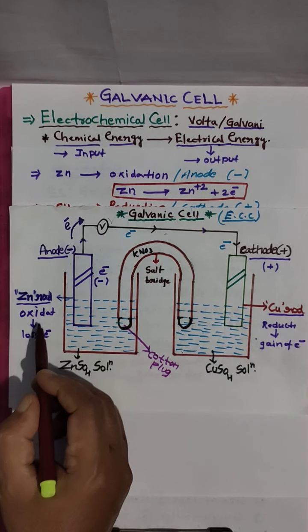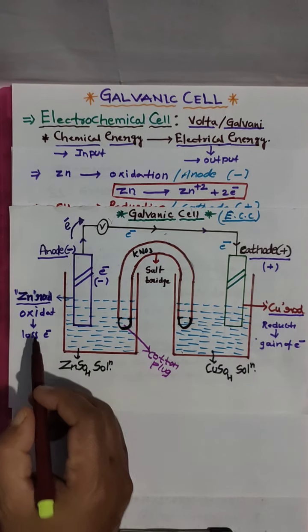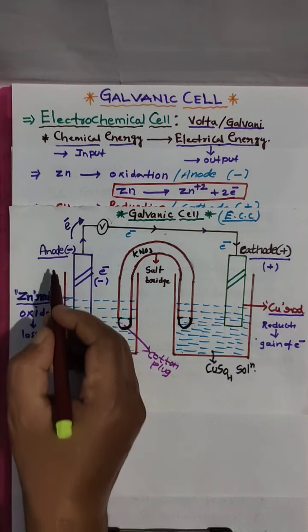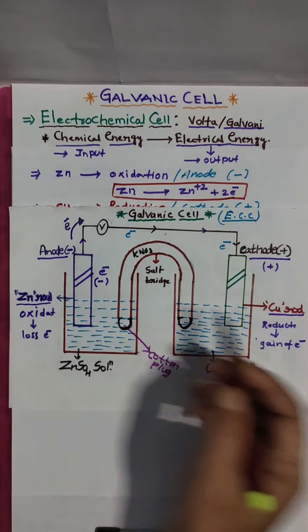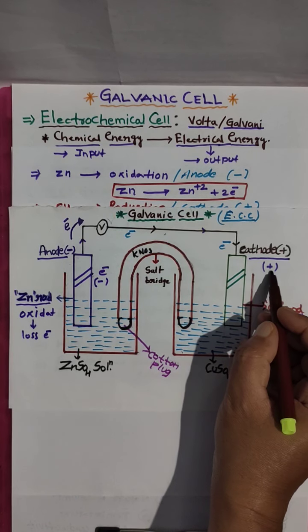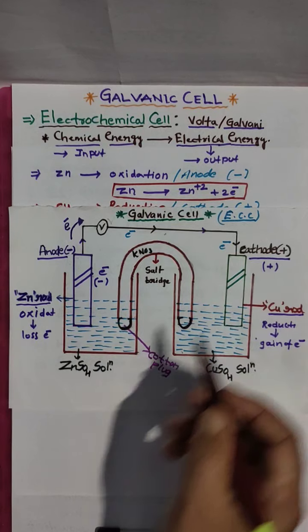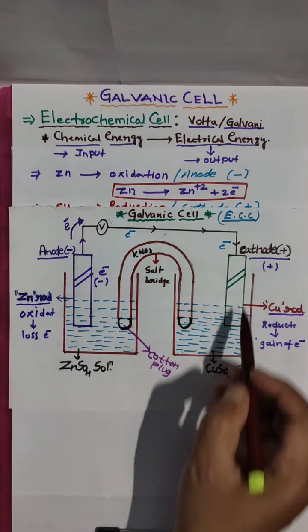Zinc gets oxidized, copper gets reduced. Zinc loses electrons at the anode, that's why the anode is negative. Copper is reduced at the cathode, that's why it is positive. And electrons move from the zinc rod to the copper rod.